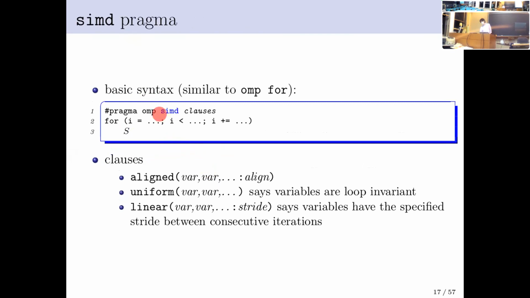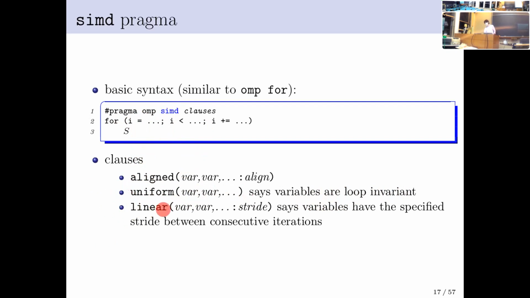So this is what the OMP SIMD pragma looks like. Just like OMP 4, you simply say OMP SIMD just in front of the for loop. And there are some hints to the compiler specifying how some of the variables in this statement change over iterations. For example, uniform basically says this variable does not change across iterations.